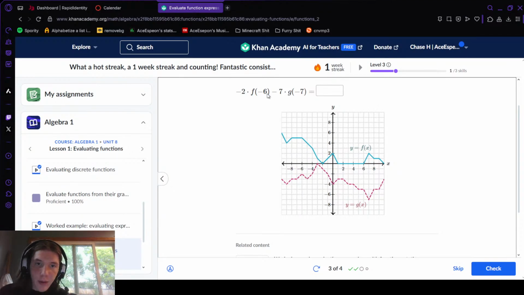So -2 times -6 is going to be a negative. -2 times -2 minus, good, 7 times -7, which is -3. 25.